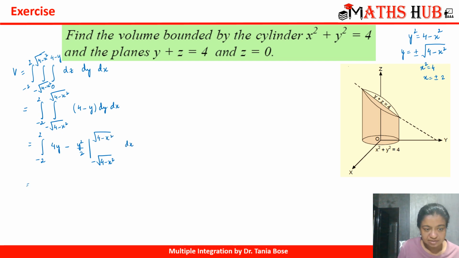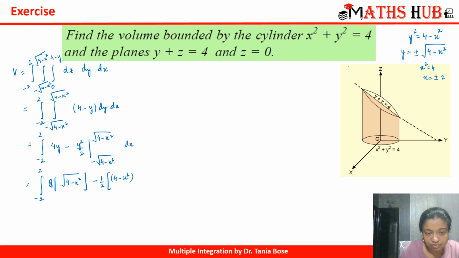Let us put the limits here. So this is minus 2 to 2, this is 4. Now when I put the limits, I will get under root 4 minus x square minus minus of this, so that will become twice. So this is 8, right? And then when I put the limits here, I have 1 by 2 times under root 4 minus x square, whole square.